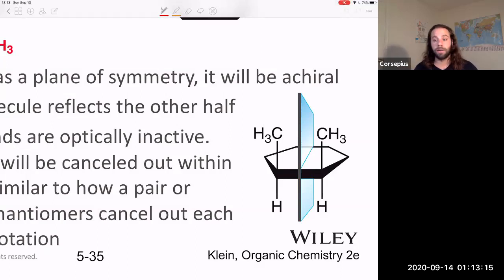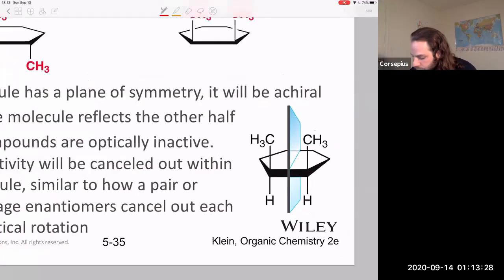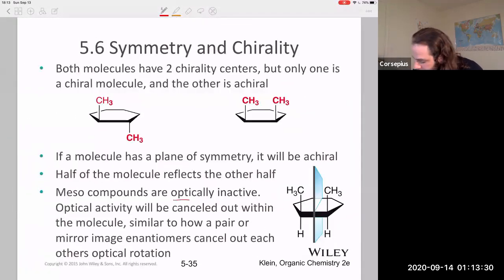That's why when I take its mirror image, it's identical. So you can spot a meso compound if you can chop it in half and have it look equivalent. These are optically inactive, which we haven't talked about yet, but just something to keep in mind for when we get to the optical activity lecture.